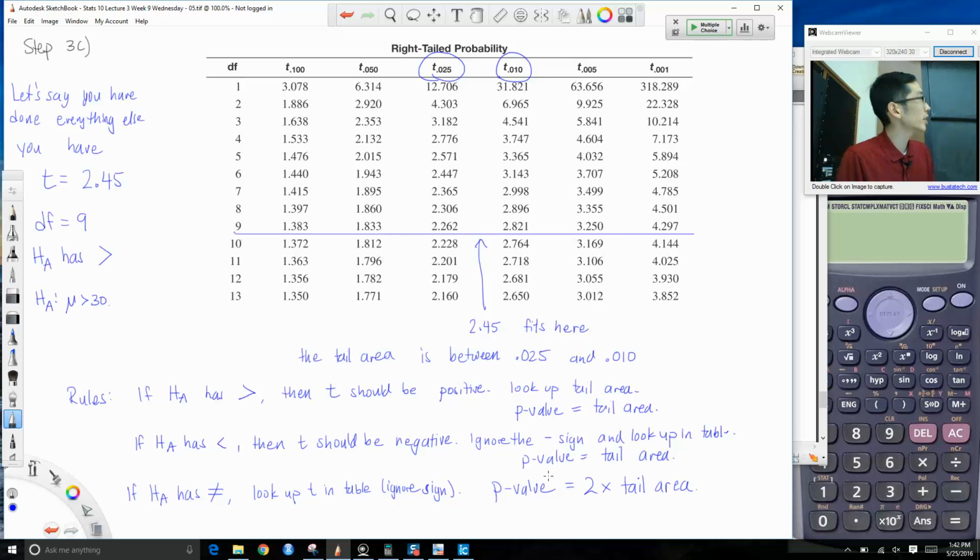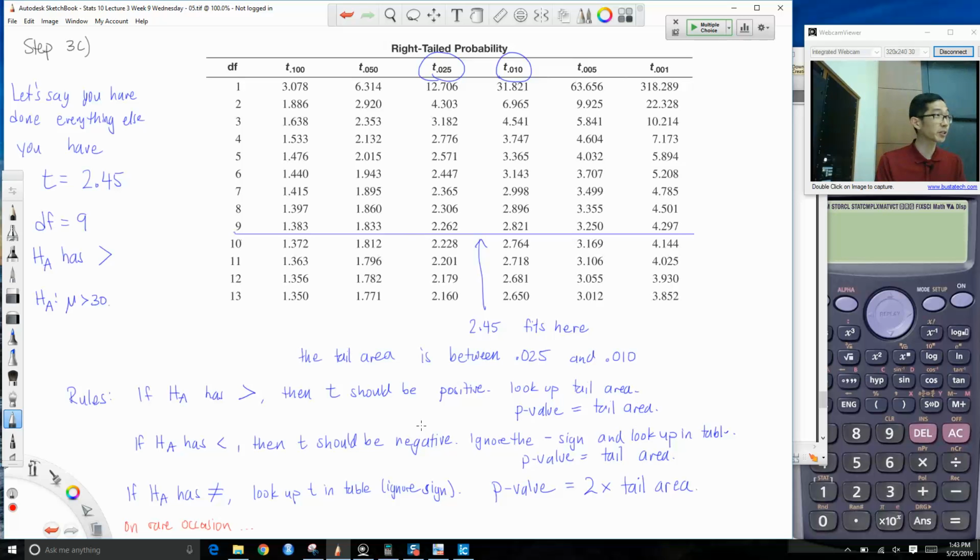And then I'll put this here, and this is on a rare occasion. So here I said if HA is greater than, then t should be positive, or if HA has a less than, then t should be negative.